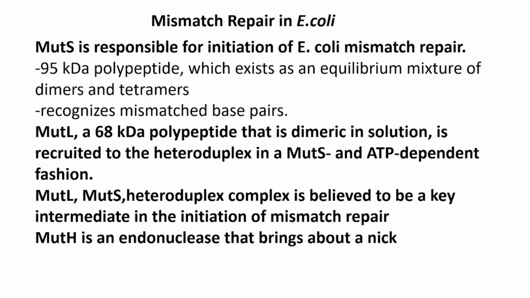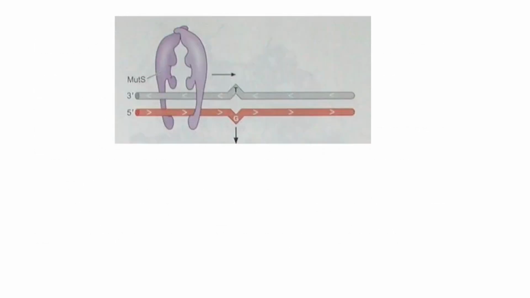In the figure, the replication error produced mismatch is indicated by the distorted double helix. You can see that the distortion here is because of the mismatch that has occurred during replication. MutS scans the newly replicated DNA and recognizes such mismatches due to the distortion they cause in the DNA backbone.